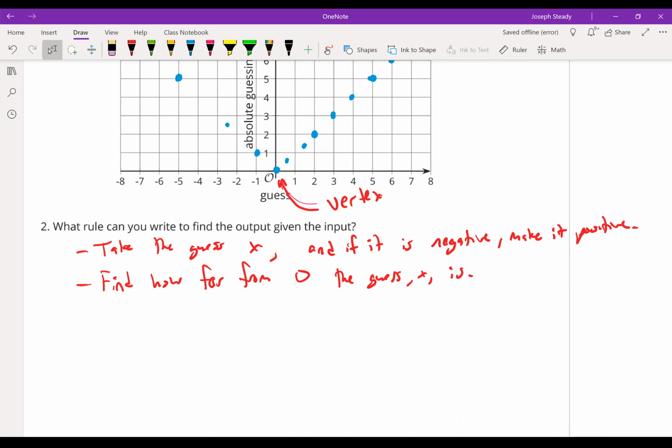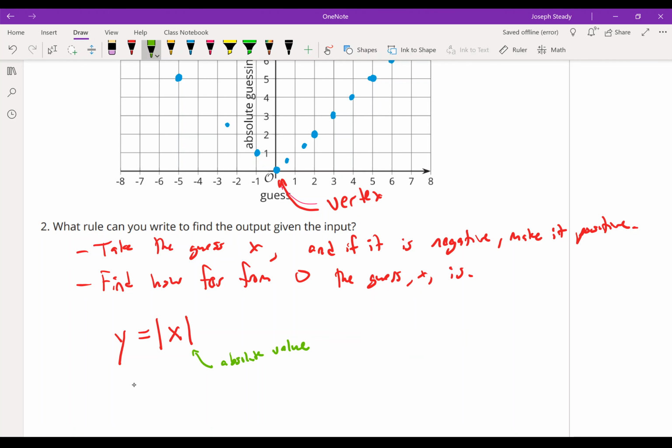Or, and this is where we're going to get into some of the details of this, to write an absolute value function, we actually have a notation for this. We can write y equals the absolute value of x. Now that's what these lines right here mean. These two lines mean the absolute value. And you may have seen this before, but we're just bringing it up again in case you haven't.